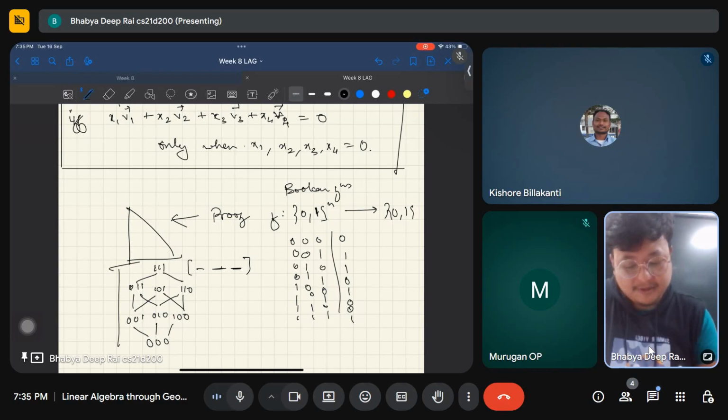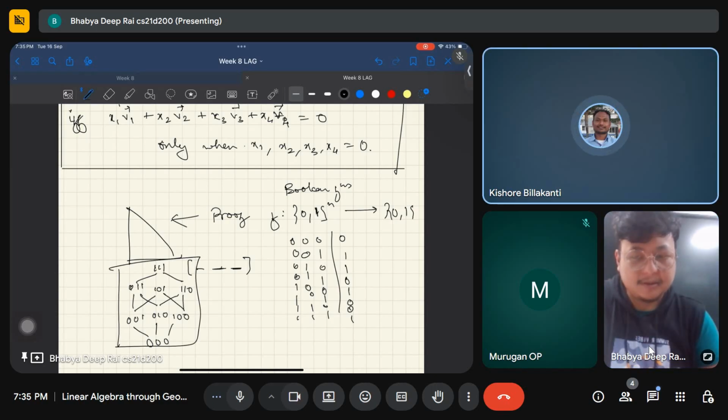Notice that it forms a cube. This is the truth table for 3 dimensions.